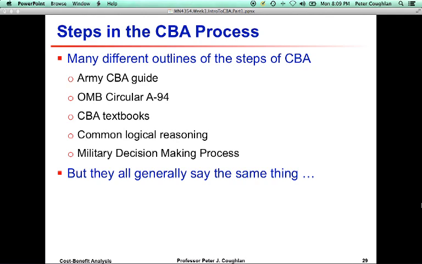And as you'll see, even the official military decision-making process tends to echo the steps of cost-benefit analysis. There are many different outlines, but they all generally say the same thing. So we're going to follow step by step, primarily the Army CBA guide, and I'll talk about revisions or adjustments that I think might be appropriate. But we'll talk about the steps as prescribed in that guide.